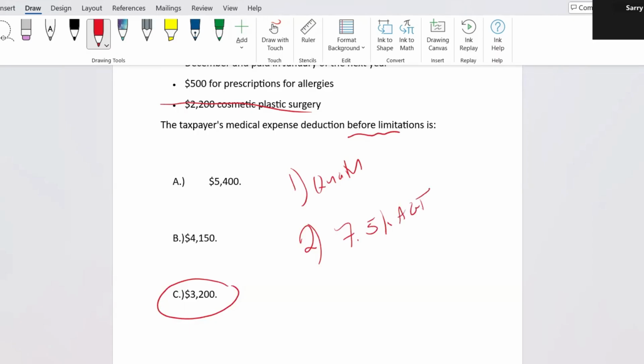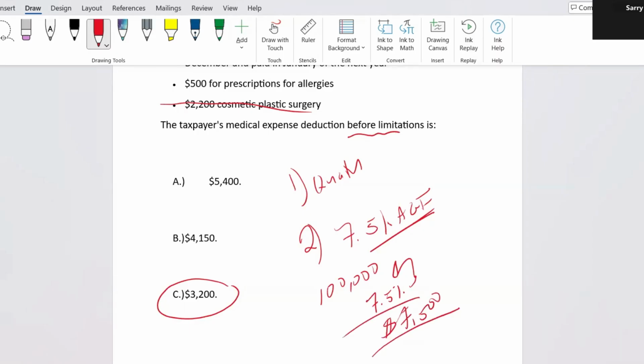So if this client's AGI was $100,000, we do 7.5% of that. Remember, 7.5% goes with medical expenses. So that's $7,500. That means the first $7,500 is excluded. So if this client made $100,000 and the question was asking how much could he deduct, the answer would be zero, because the first $7,500 is essentially a floor.